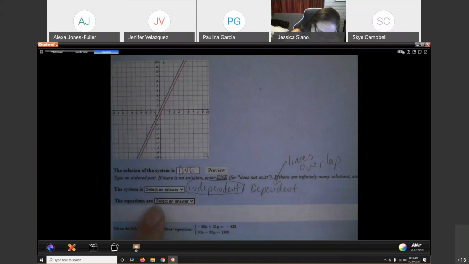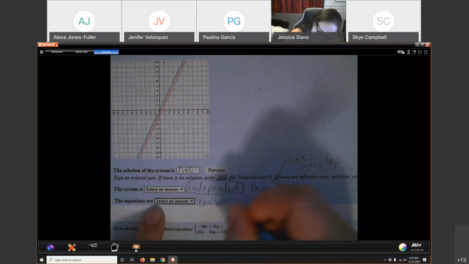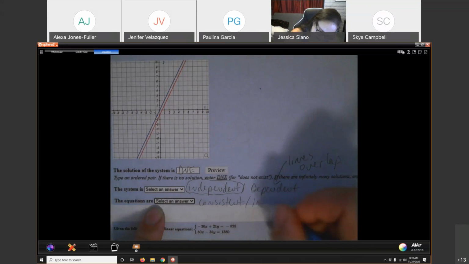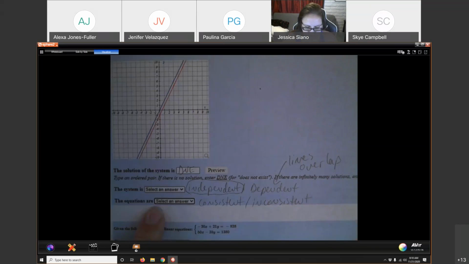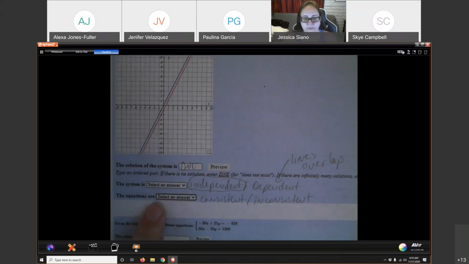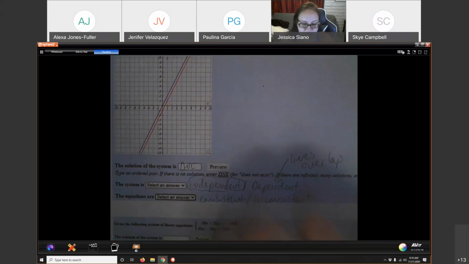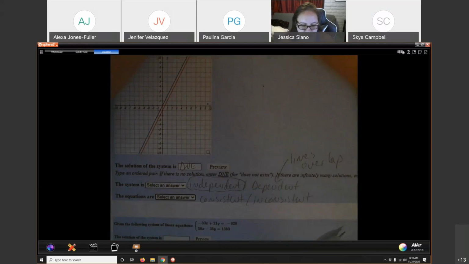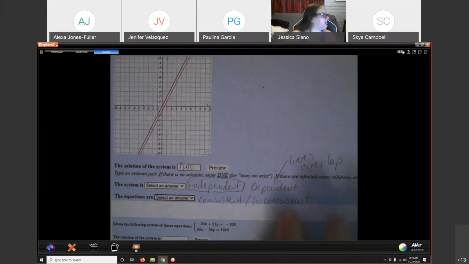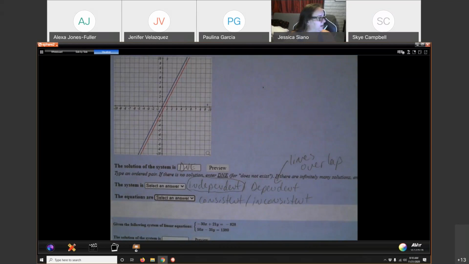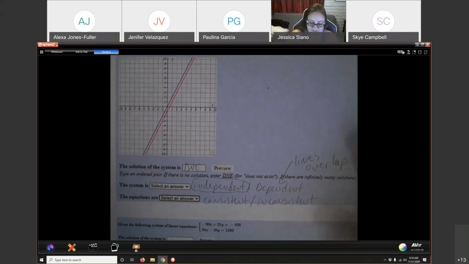And then this is consistent or inconsistent. I feel like it's been a long time since I've done these definitions, so let me make sure that I'm telling you the right thing. Okay. So that's what I thought.